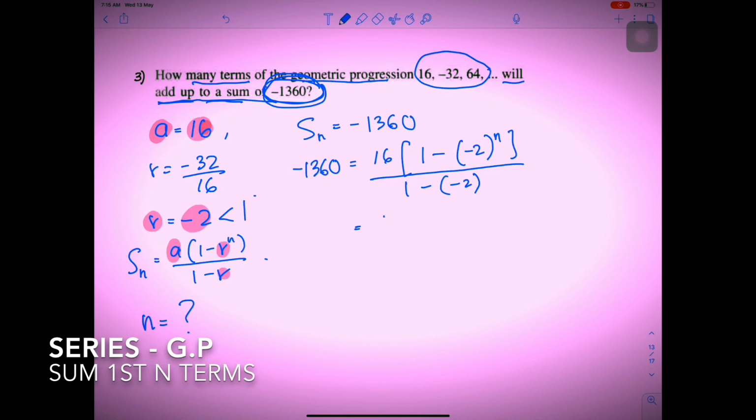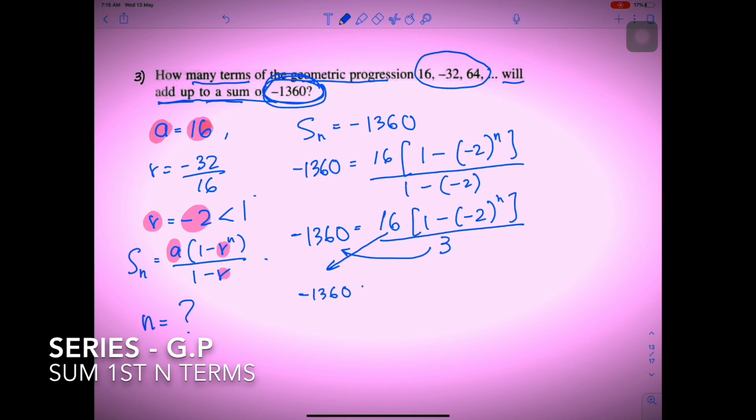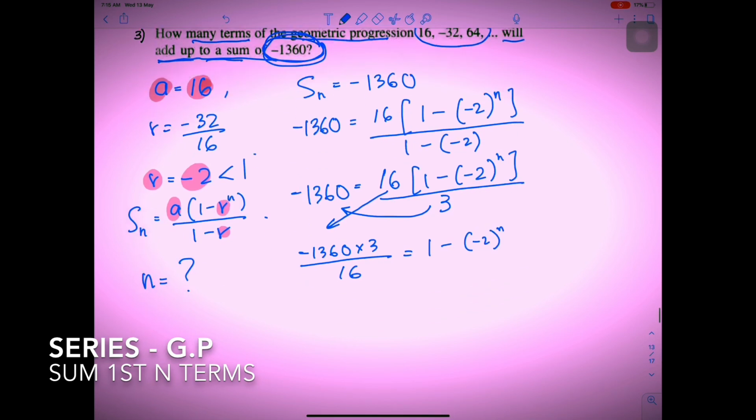So 16 times (1 minus negative 2 power of n) over 3 equals negative 1360. Bring 3 and 16 to the other side, so you get negative 1360 times 3 over 16 equals 1 minus negative 2 power of n.